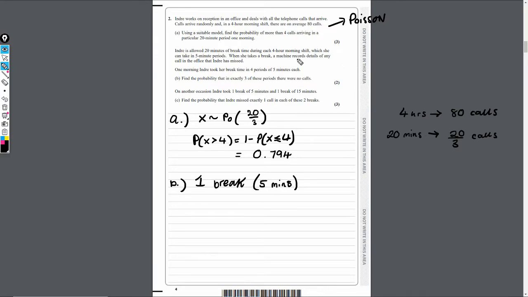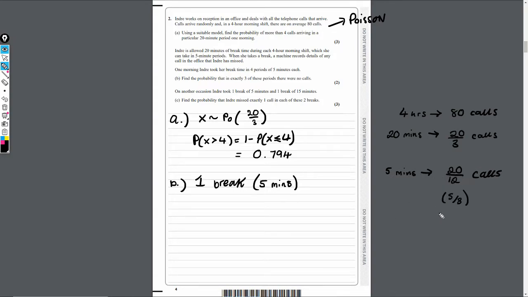Well, we knew that for 20 mins, it was 20 over 3. So for 5 mins, that's going to be this divided by 4. So times it by 1 over 4, so you're going to get 20 over 12, which will simplify to 5 over 3. Okay.